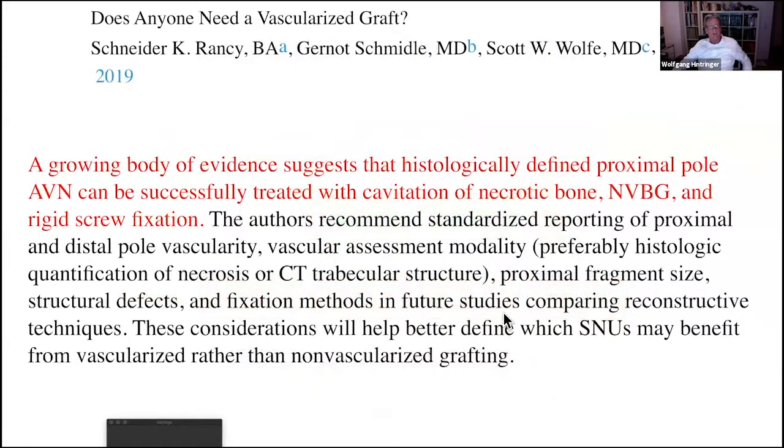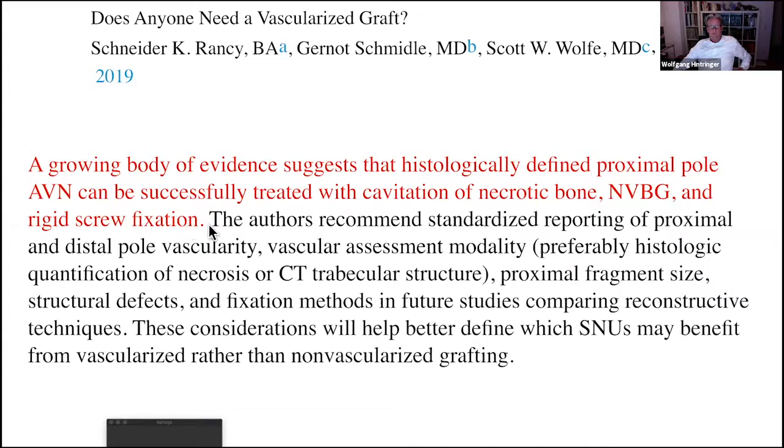Well, and in their paper, they suggested that a growing body of evidence suggests that histologically defined proximal pole avascular necrosis can be successfully treated with cavitation of necrotic bone, non-vascularized bone graft, and rigid screw fixation.